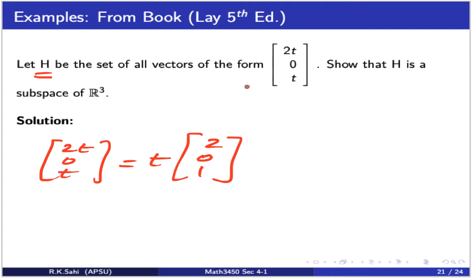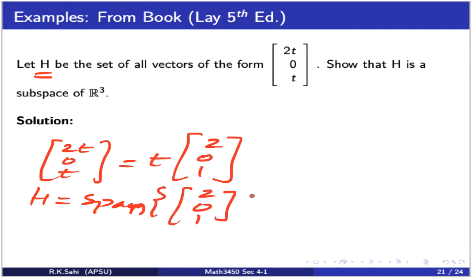t is a scalar, or a real number, you can say that. So what is my H from here? It is the span of the vector (2, 0, 1). And what we just proved is that if you have a spanning set, and we know R3 is a vector space, R3, from the very beginning of this chapter, is a vector space.